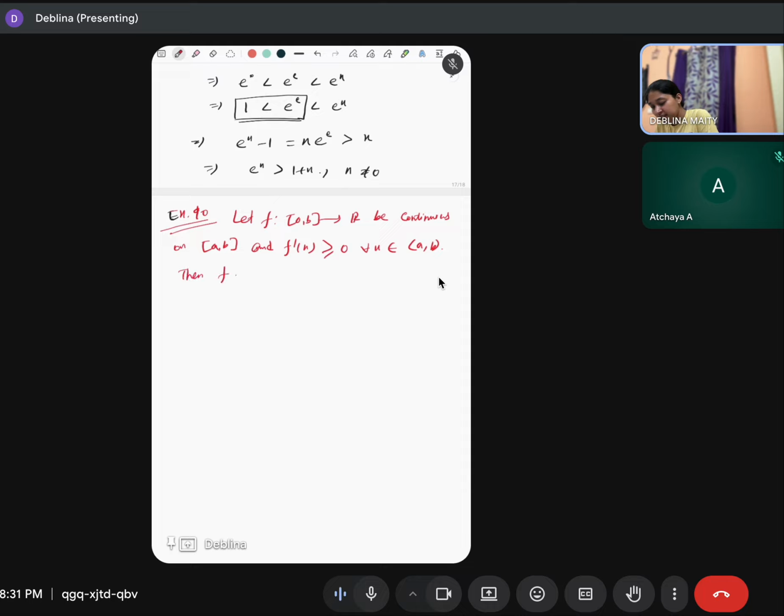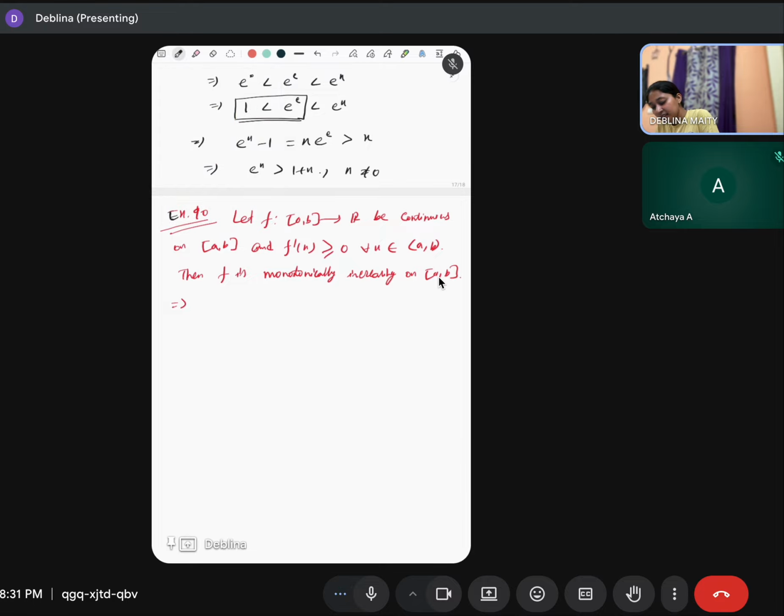Then f is monotonically increasing on the closed interval [a,b], right?